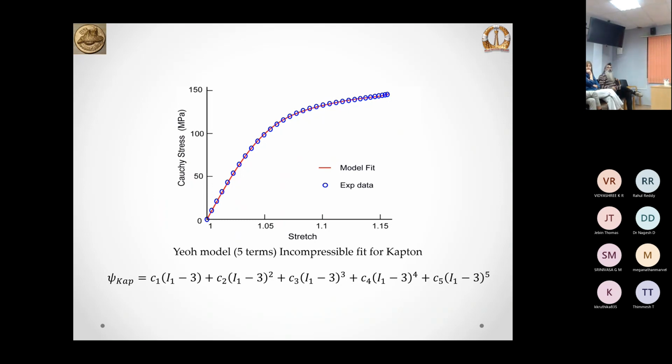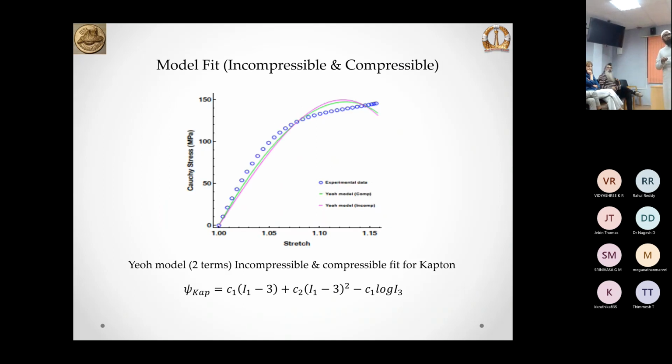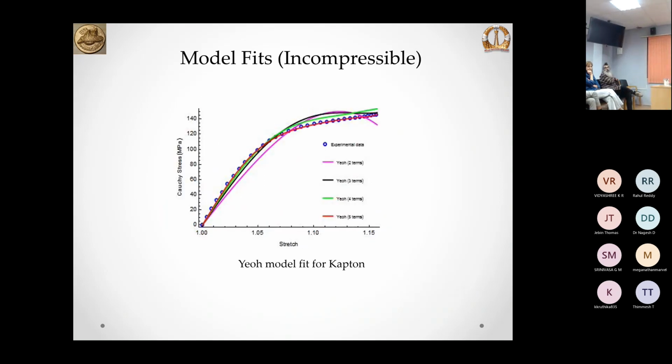That is a polynomial of I1 minus 3, running from 1 to n. I varied n from 2 to 5, and that's what I'm showing in this slide. So 2 terms, 3, 4, 5. It is slowly converging to the experimental data. So the 5-term Yeoh model gave me exactly the fit of the experimental data.